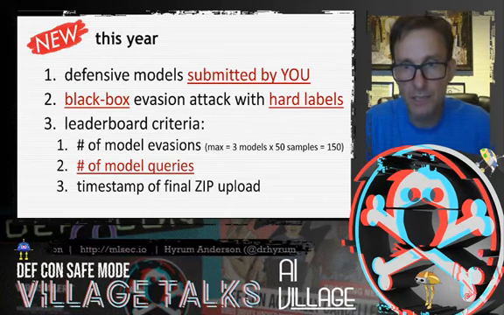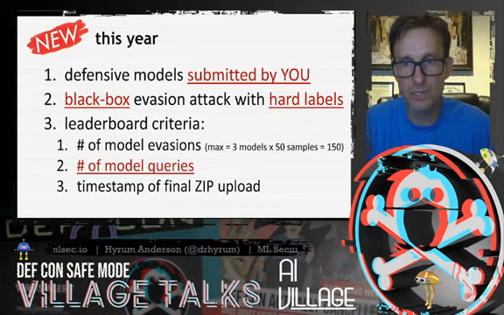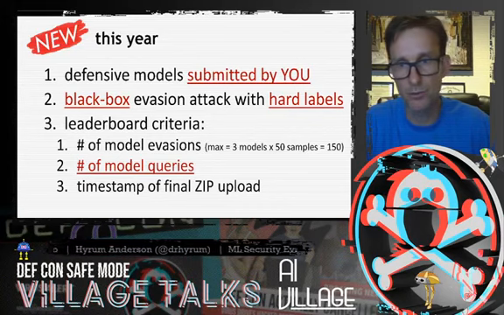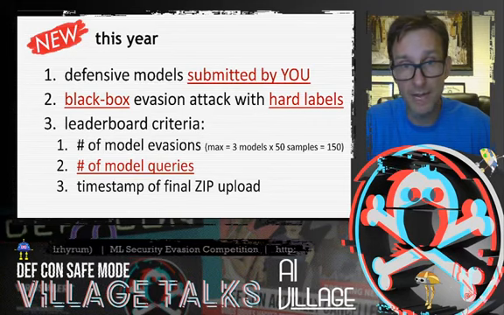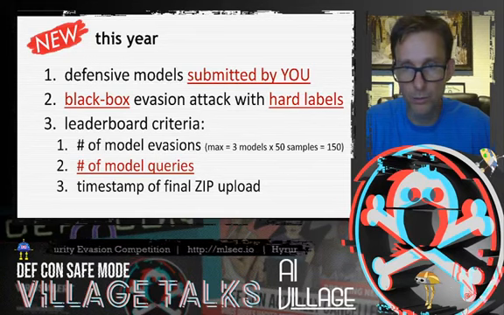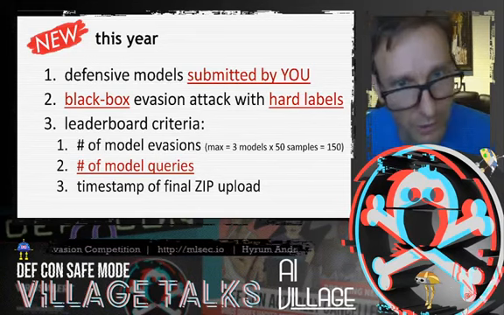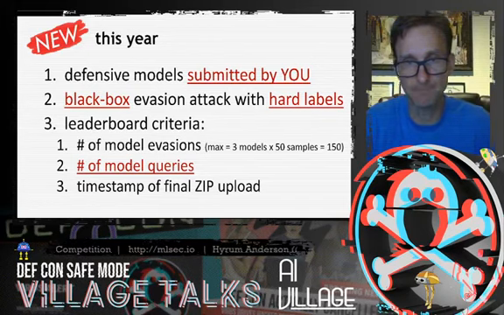Remember, though, that each evasive sample must reproduce its original functionality in a sandbox in order to be awarded a point. Functionality is verified only when you upload a zip file containing your candidate malware samples. It will not be verified when you merely query the machine learning models through the API.